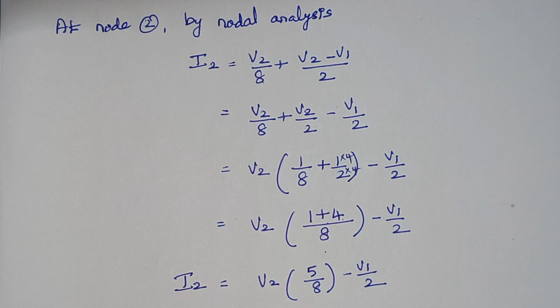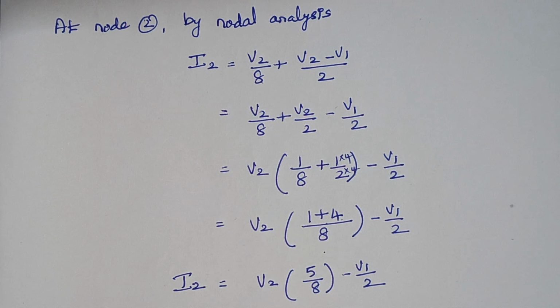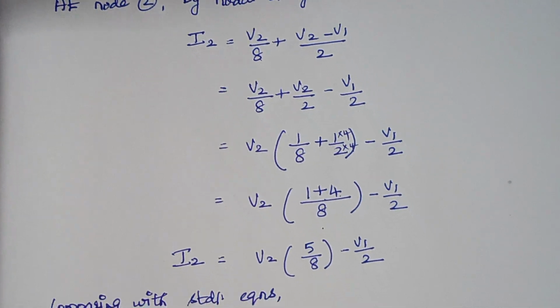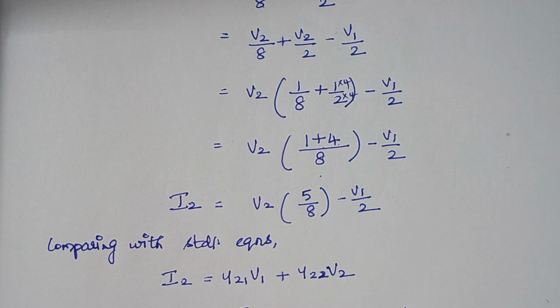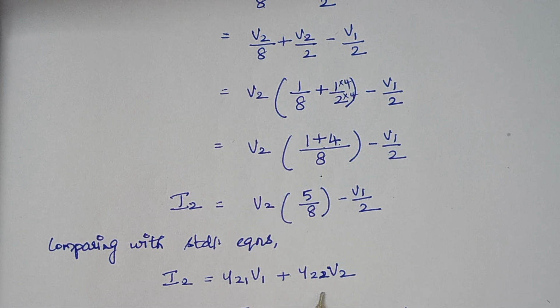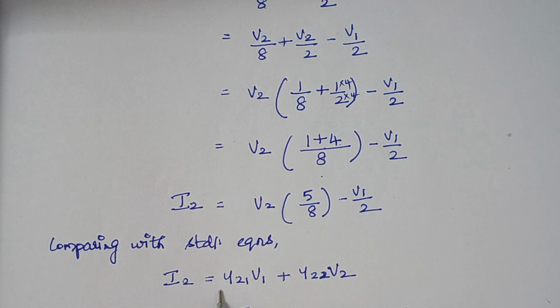Now we are going to compare this equation with our standard equation. What is our standard equation? I2 is equal to Y21 V1 plus Y22 V2. Once you compare, in the place of Y21 you see it is V1, right?